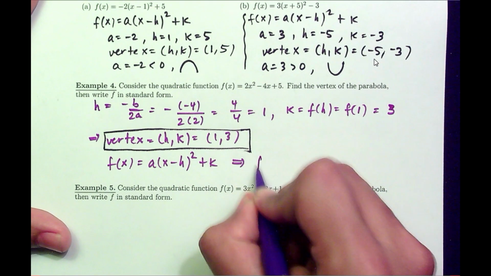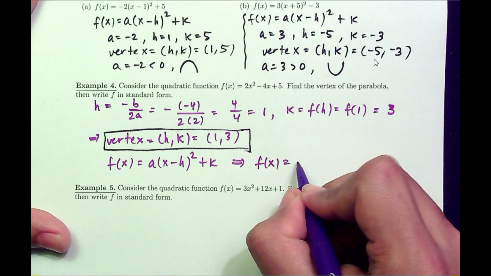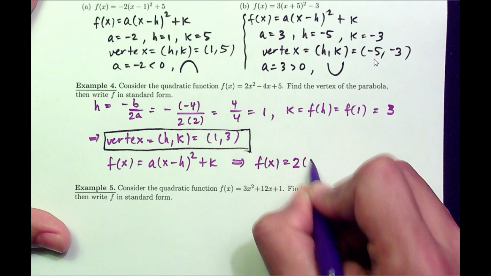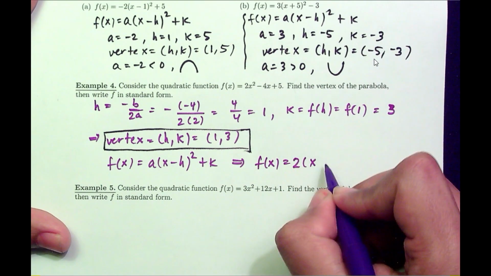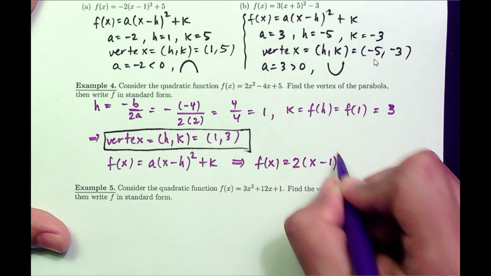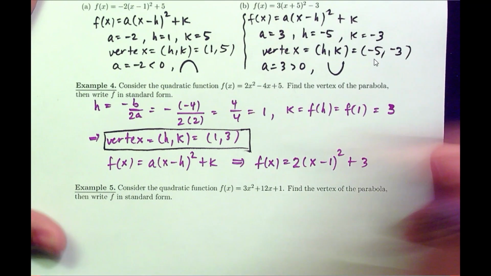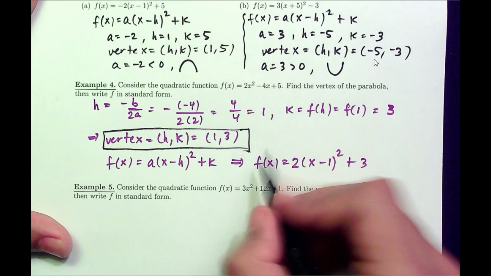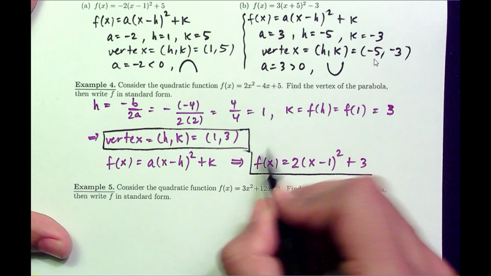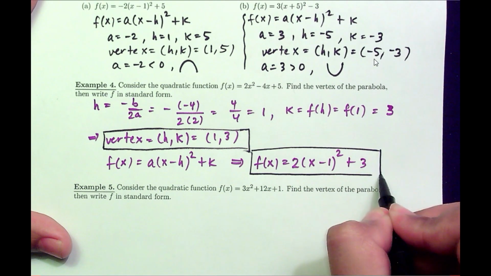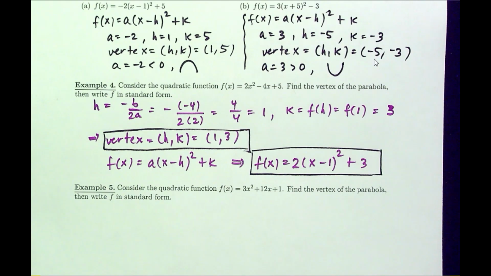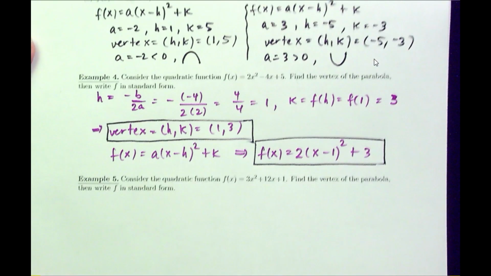So that means f of x equals, the a was 2, so 2 times x minus 1, because h is 1, squared plus k, which is 3. Okay, so we found the vertex and put the function in standard form.